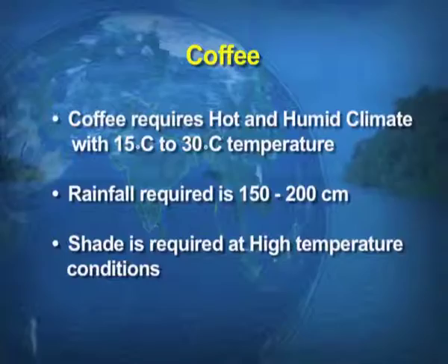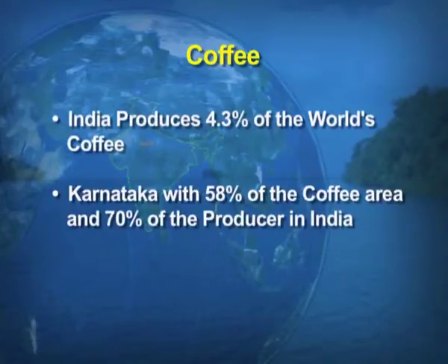And another most important requirement is that shade is required at high temperature conditions. India produces 4.3% of the world's coffee, and Karnataka with 58% of the coffee area and 70% of the production is the largest producer of the country.